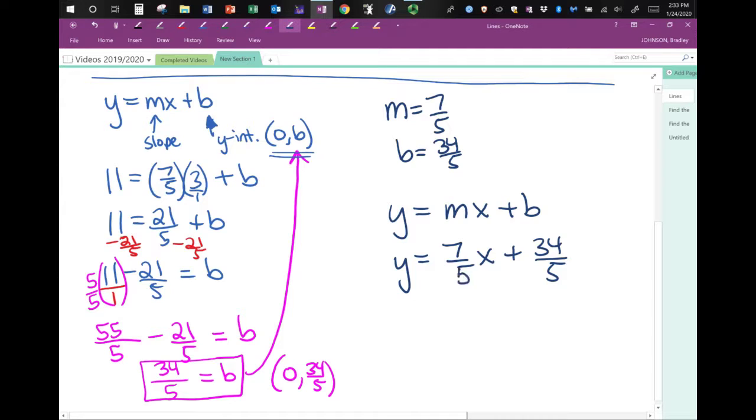Okay. Now, this is truly a solution, but this solution is in slope-intercept form. Remember, we want to go to standard form. And standard form looked like this.